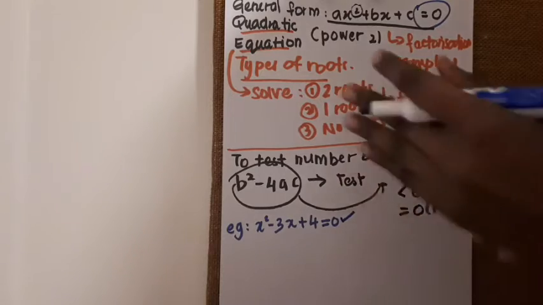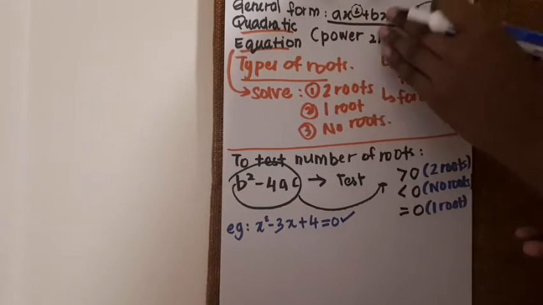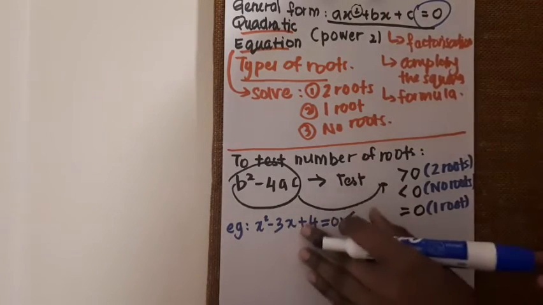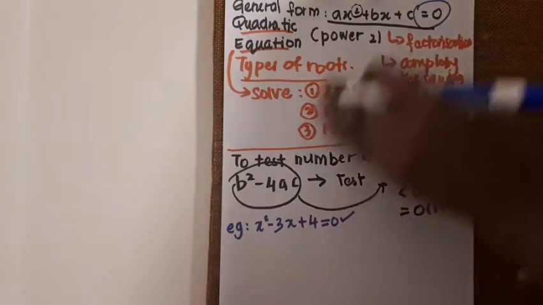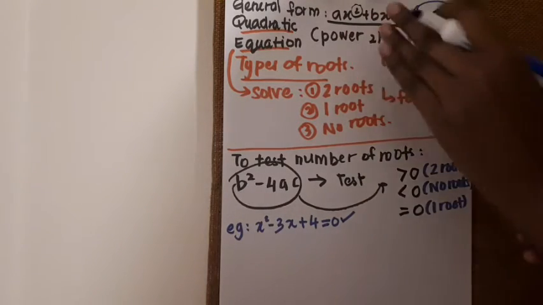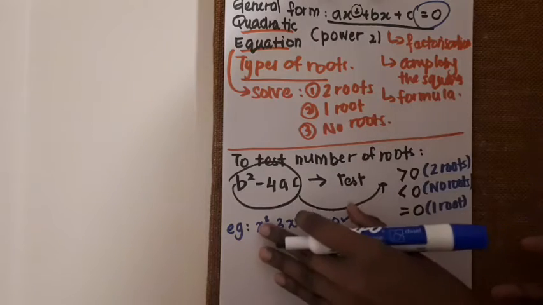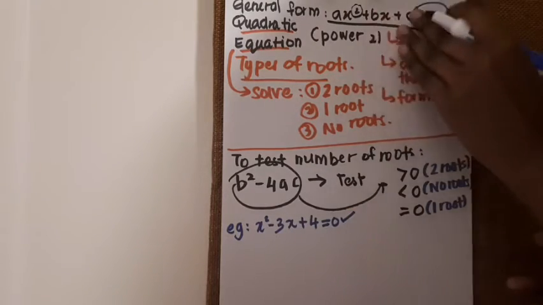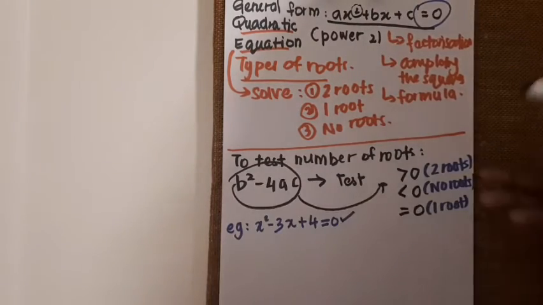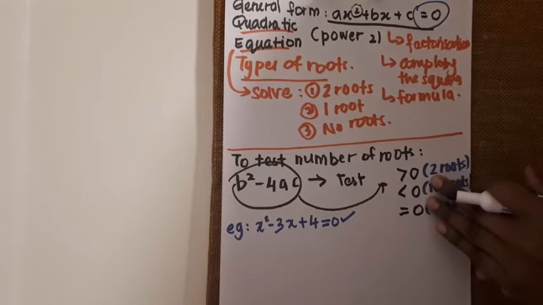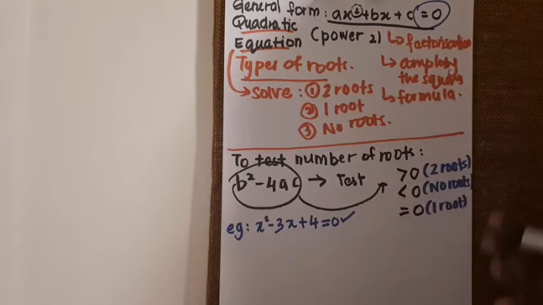Then check that the x squared, x and the constant are arranged properly according to the general form. Then you can plug the values of a, b, c into this formula to find out whether it's more than 0, less than 0 or equals to 0.